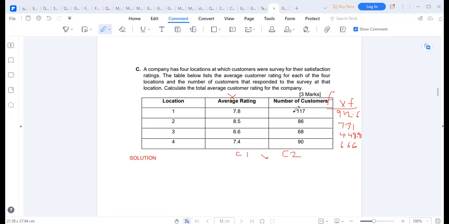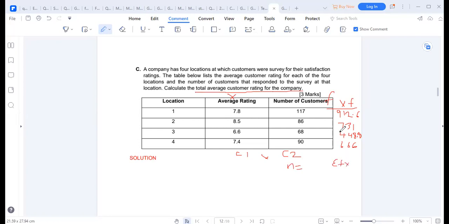So we want to calculate the mean. They're asking us to find the total average. So we get the ratings times the frequency. Then this one also has to be totaled up. For n here will be what? And here a summation of fx.